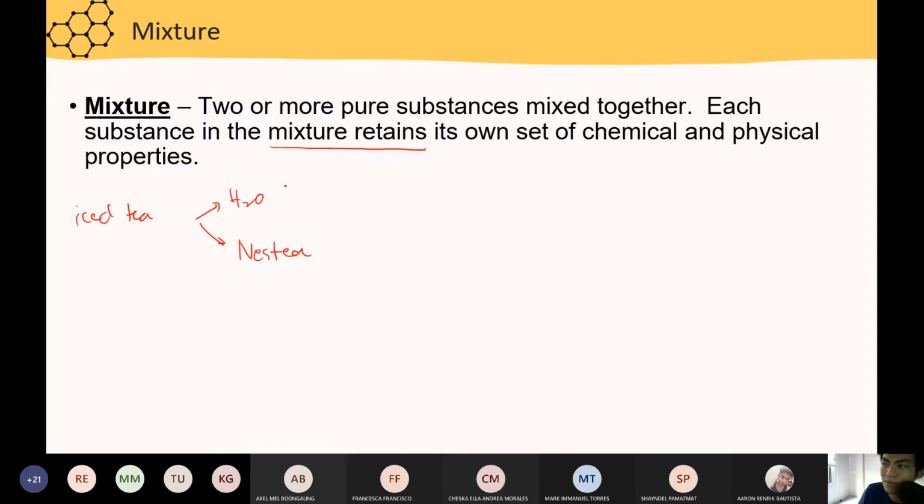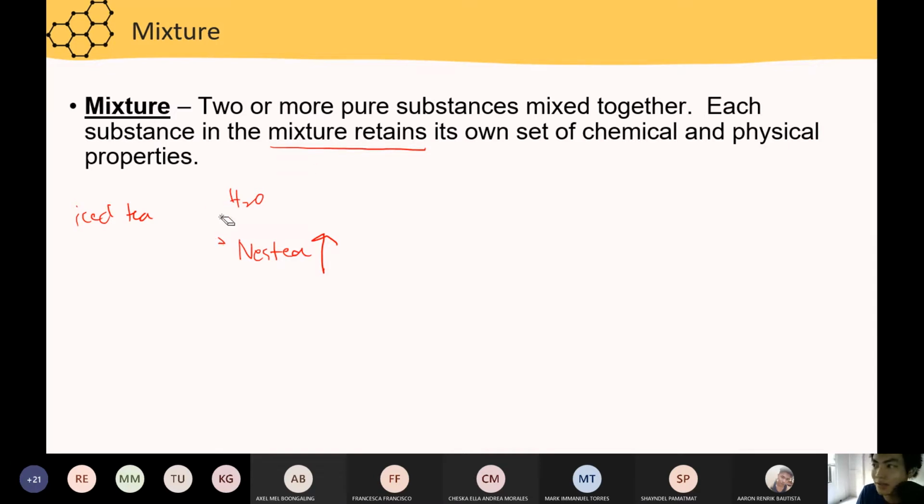When you mix them, depending on which one is greater in amount, it will predict the taste. If there's too much water, it's too bland. If there's too much powder, you'll get diabetes, it's too sweet. So that is the idea for the mixture. The properties of the substances are retained even though you mix them.